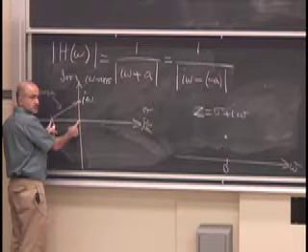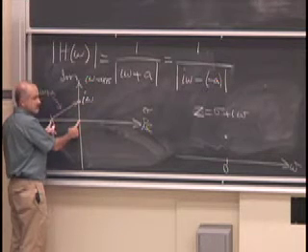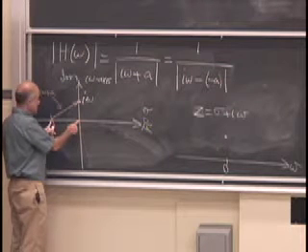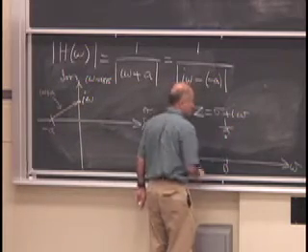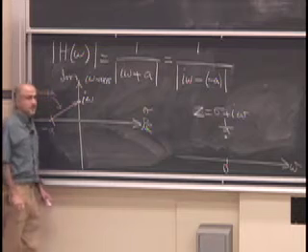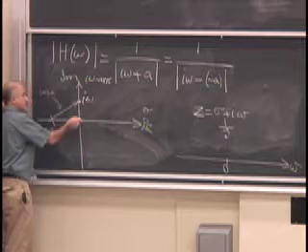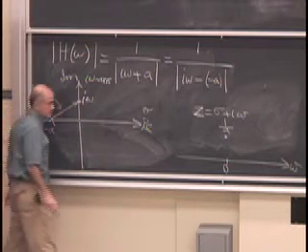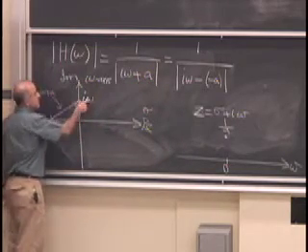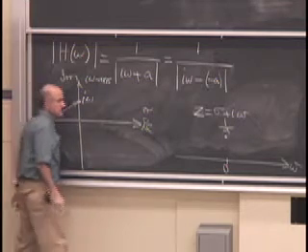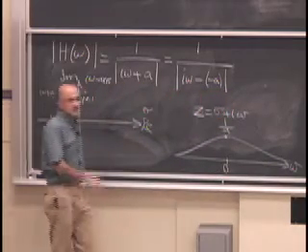When I'm here, omega is 0. What's the length of the red vector? A. So it's 1 over A. And then, what can you tell me about the shape on this side compared to the shape on this side? It's a mirror image. And as I go to infinity in either direction, how does the magnitude change? It goes down to 0. It asymptotically goes down to 0. To get the curvature right, you're just going to have to plot a few points.